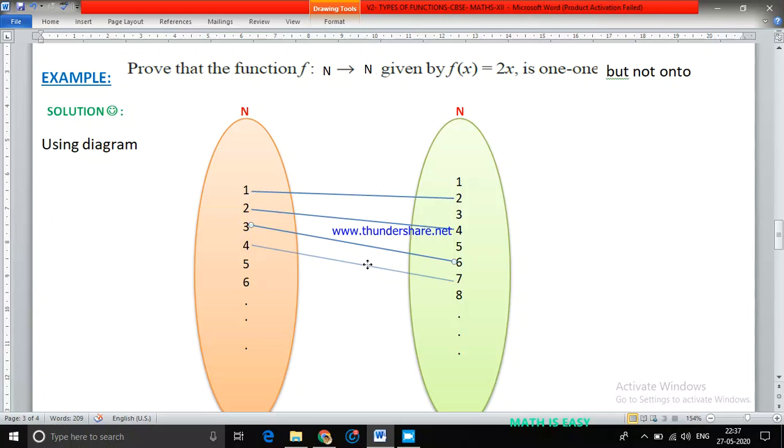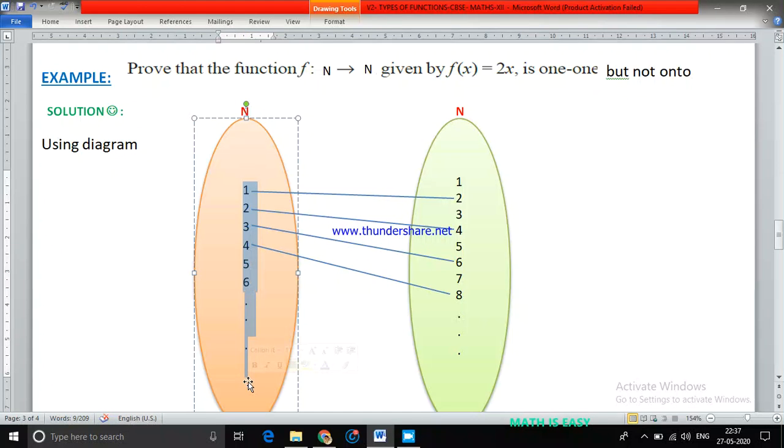So like this, can I conclude every element of the first set must have an image? Whatever natural number you take here, the corresponding image will be there, because 2 times a natural number is again a natural number. If x is a natural number, 2x is also a natural number.